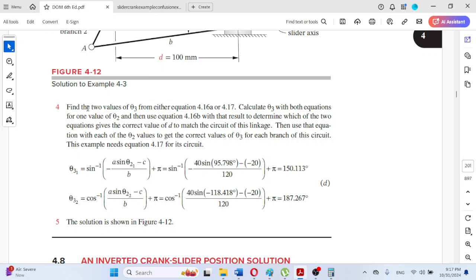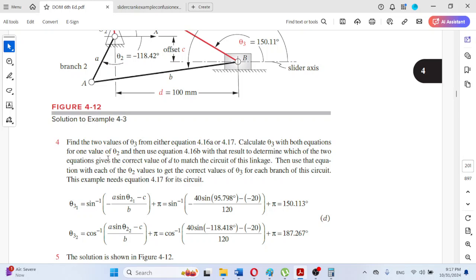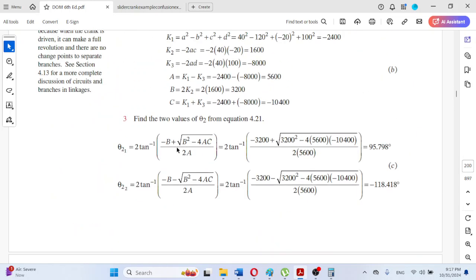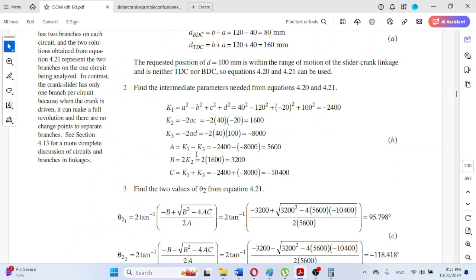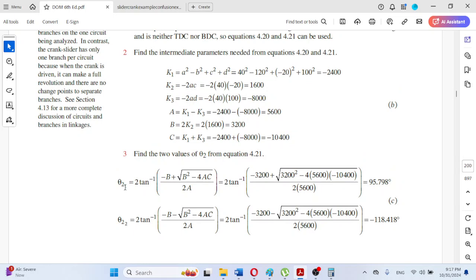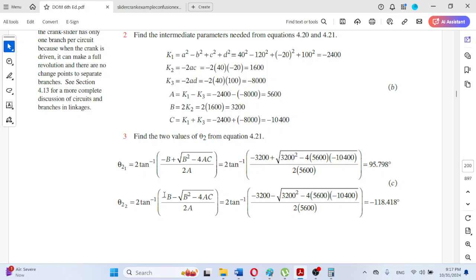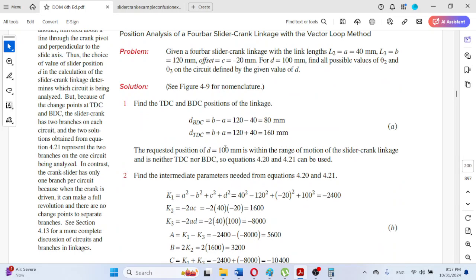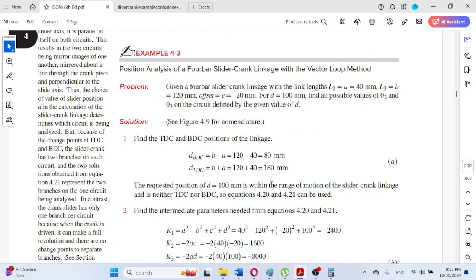What the author wants to describe here is that we have calculated the two crank positions for a given slider position. The slider position is given here, D equal to 100 millimeter. So the slider is the input, the slider position is known, and it is toward the positive x-axis.